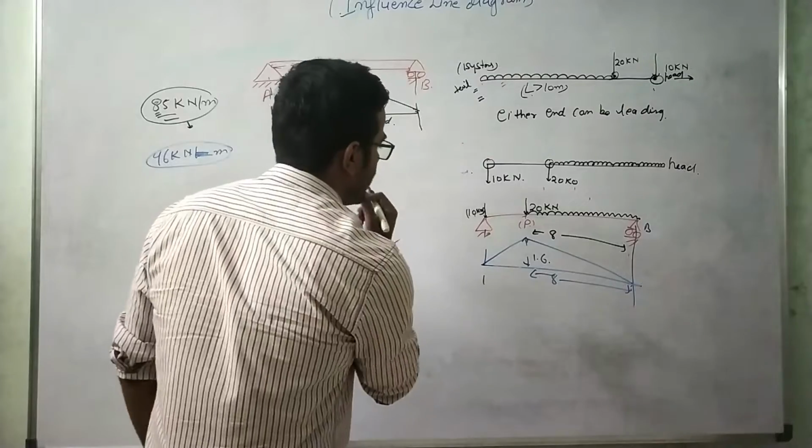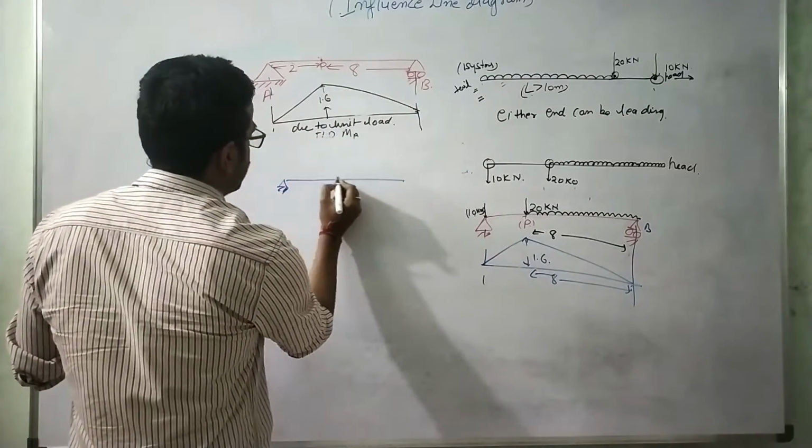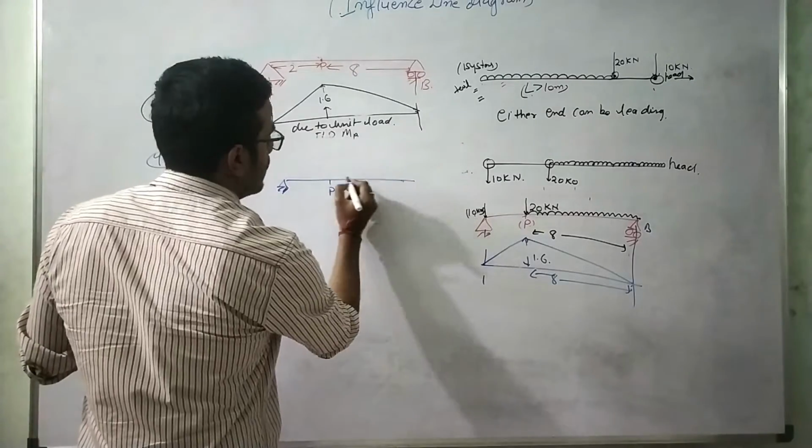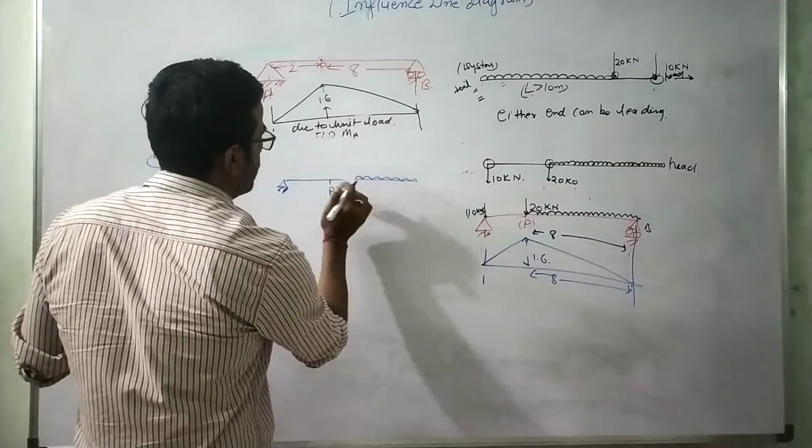Let us suppose this is our beam, and this is point P, and this is the UDL.